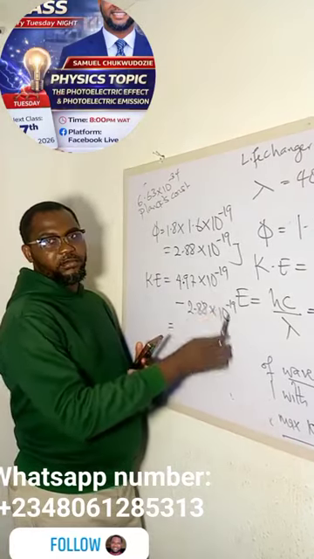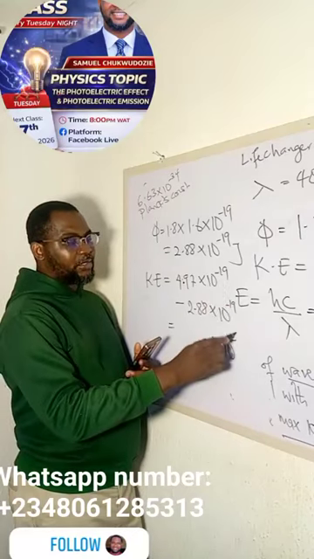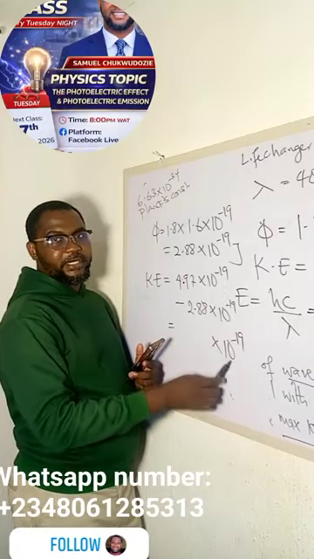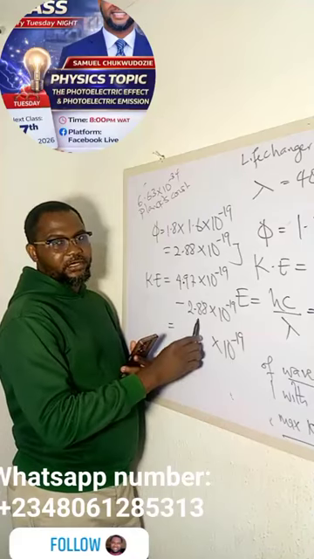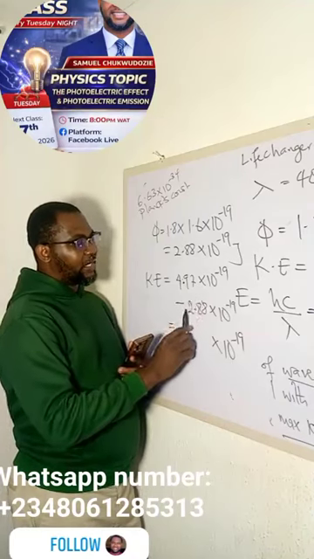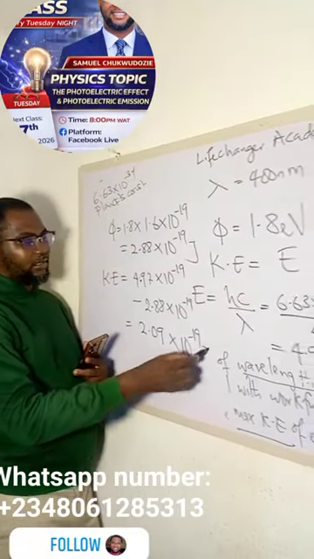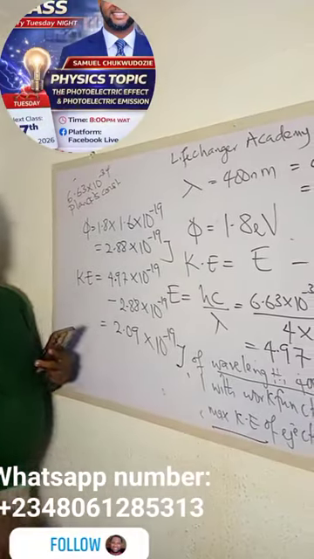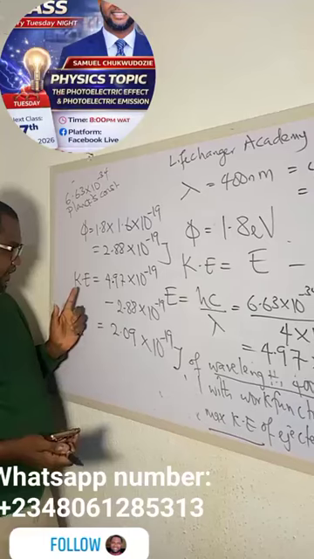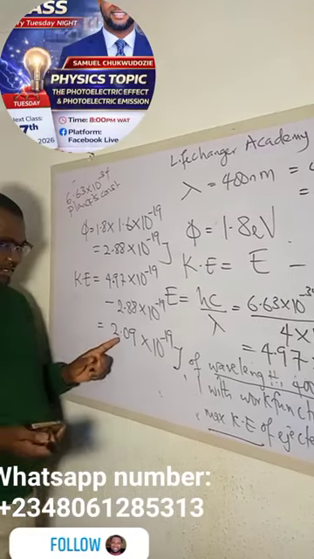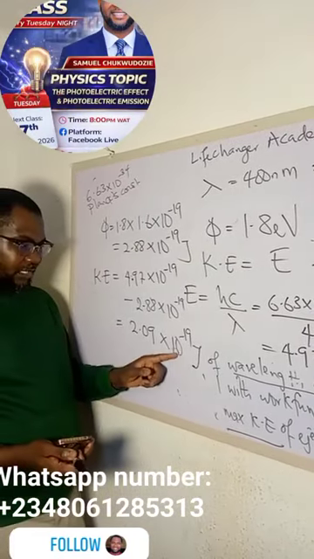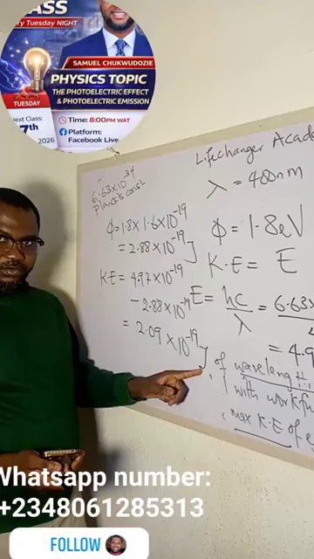Pick one. That means times 10 to the power minus 19. As long as they are the same, pick one. Then subtract this. So 4.97 minus 2.88 is going to give us 2.09 times 10 to the power minus 19 joules. So this is the answer. The kinetic energy of the electrons is 2.09 times 10 to the power minus 19 joules.